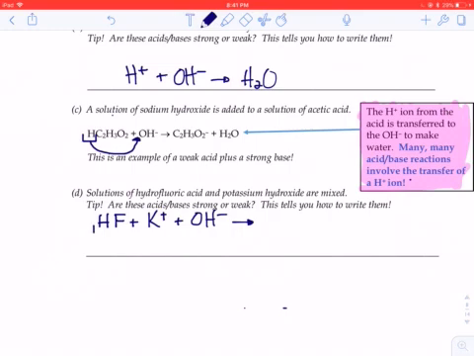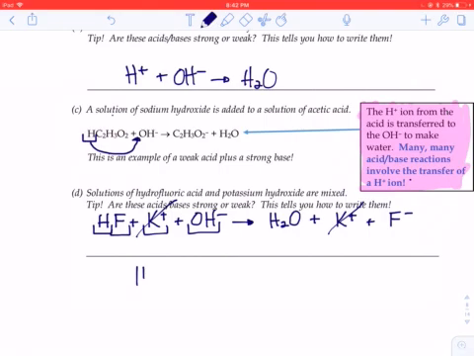Well, that H is going to combine with this OH to make our water, and this K is going to combine with this F to make potassium fluoride. Potassium fluoride, anything with an alkali ion in it, is very soluble in water, so we show that as ions. That potassium ion is going to be a spectator. It's going to cancel out and go away.